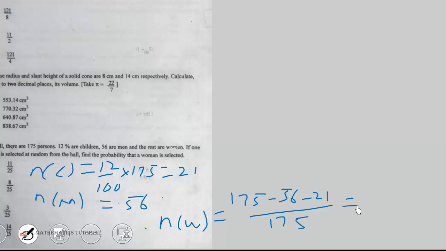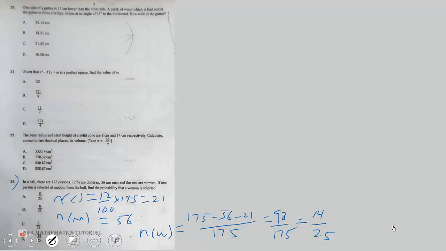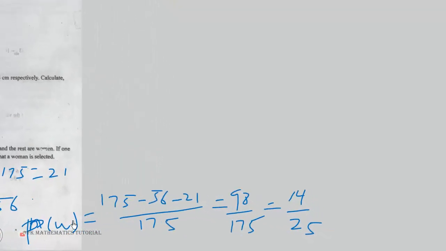And this will give us 98 over 175, which is equal to 14 over 25. So the correct answer is D. So this is the probability that a person is a woman, 14 over 25, not the number. The number of women is the top one, and the number in the sample space is the bottom one, which is 14 over 25.